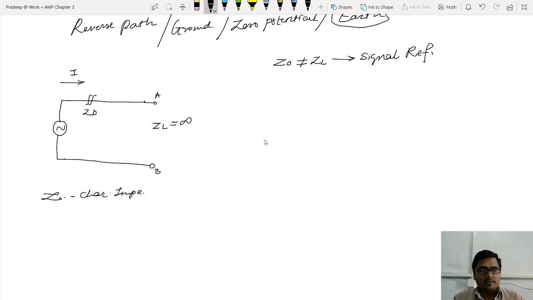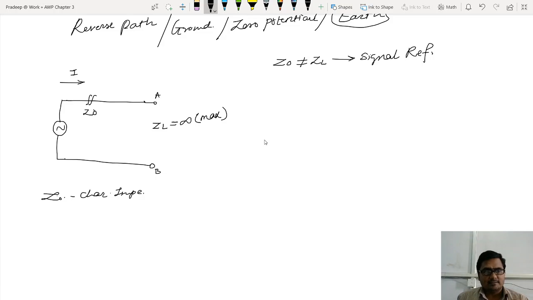Now, for this transmission line, if Z0 is not equal to ZL, then the signal will get reflected. Now we have a two wire transmission line.